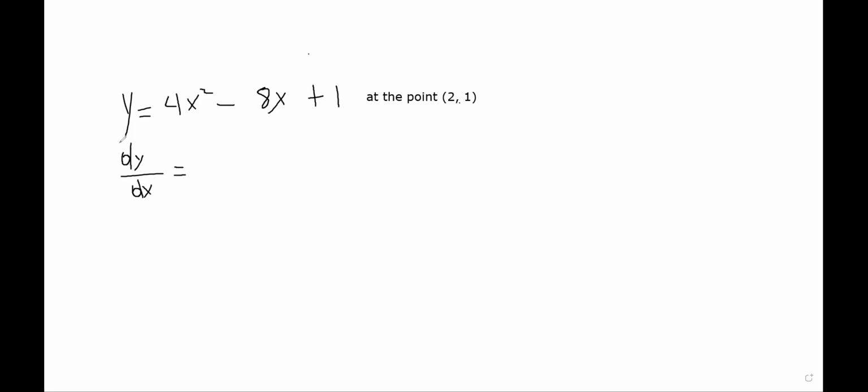You're going to differentiate the function now, right? So we carry down the power, minus 1 from the power. So we carry down the 2, 2 times 4 is equal to 8x. 2 minus 1 gives us back 1, we don't need to write it though. And the differential of 8x is just going to give us back 8. And the differentiation of a whole number is going to give us back 0, right?